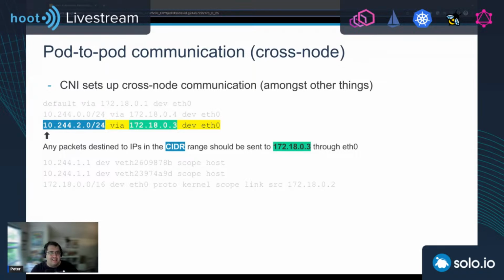So that highlighted line there is saying that any packets that are destined to the IPs in that CIDR range, so that's the CIDR range on node 2, should be sent to that IP address, which is the IP address of that other node, through eth0.